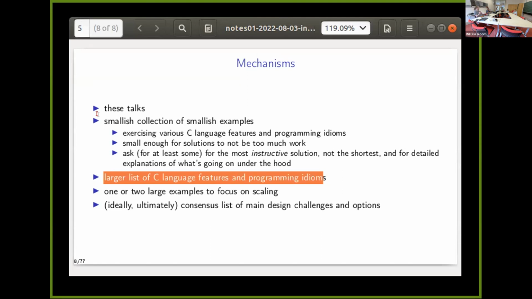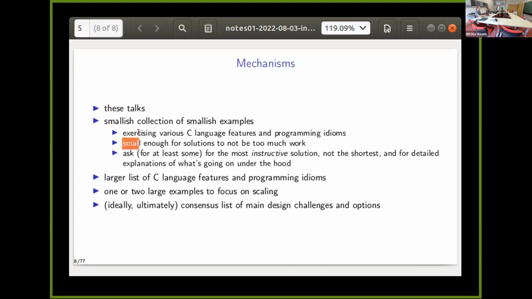And you want examples which, on one hand, it's nice to exercise scaling, but on the other hand, you want examples that won't take a whole project to come up with a solution for. So there's some delicate balance to be gained in making this list of examples. Small enough for the solutions to not be too much work, I say that.